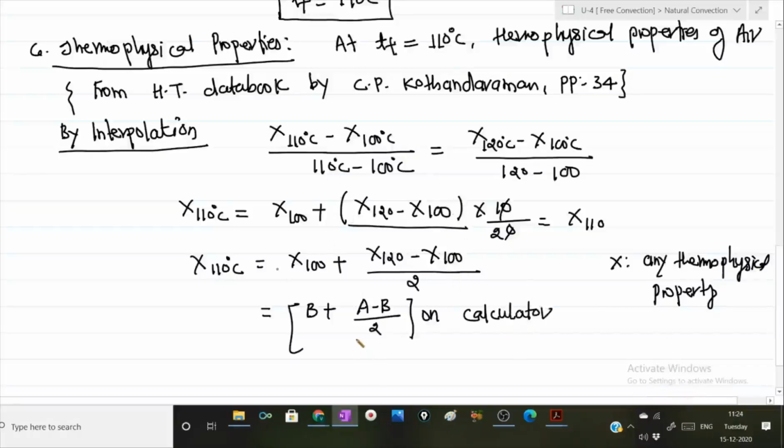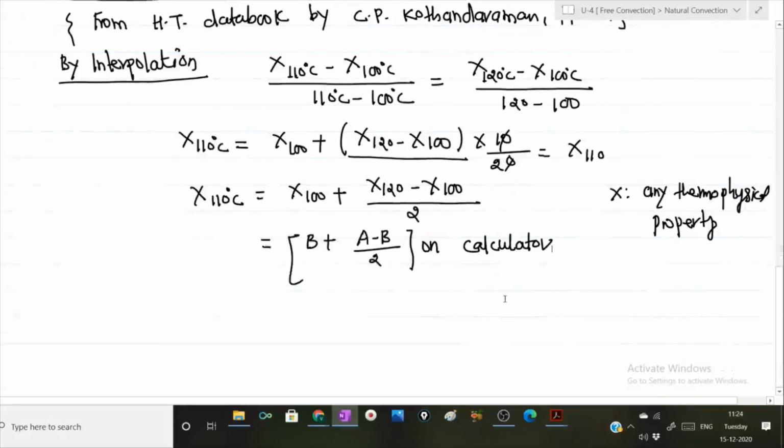Where B is the property at 100 degrees Celsius, A is the property at 120 degrees Celsius. So you will be able to calculate different thermophysical properties. So using this formula and using the heat transfer data book, I calculate different thermophysical properties.